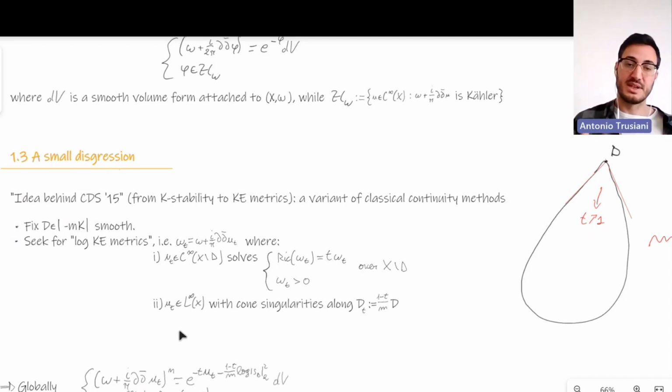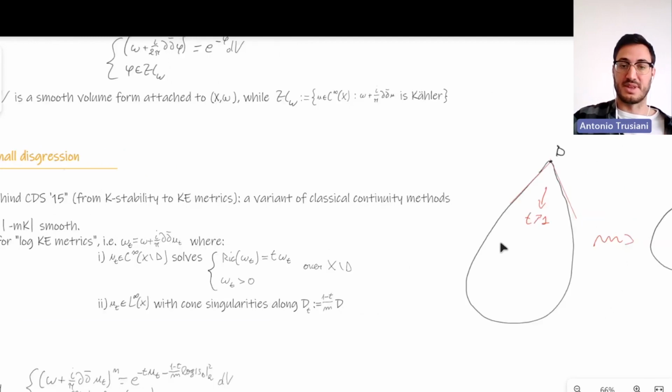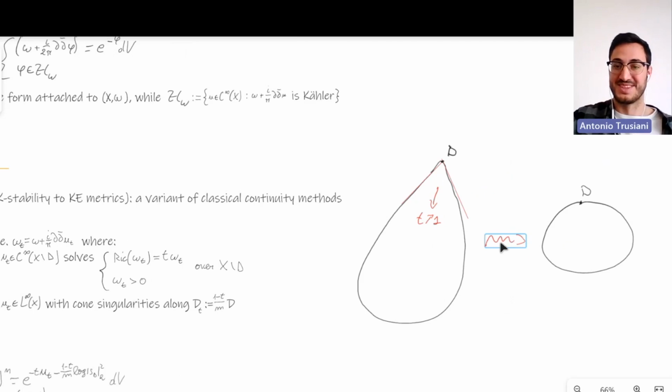It is bounded and has some kind of cone singularities along the divisor D_t, which is given by rescaling your initial divisor D. Indeed, as you can see from the picture, I cannot draw more than this, you have your divisor D. You look for Kähler-Einstein metrics that are smooth outside the divisor D, and along D they have some angle that depends on t. And when you move t to 1, you want to find your Kähler-Einstein metric.